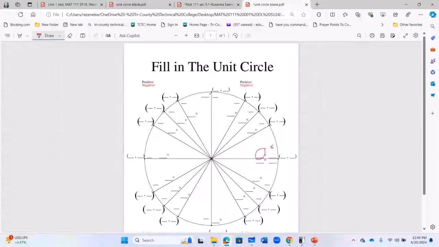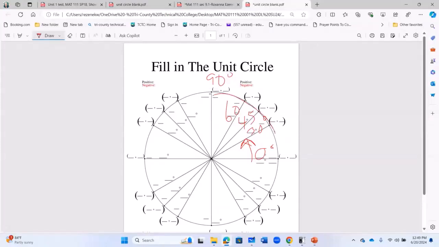I am looking at the standard angles. This is 30 degrees, and this is half of the first quadrant, 45 degrees, and this is 60 degrees, and this is 90 degrees. Let me write 90 here. So, you know what?